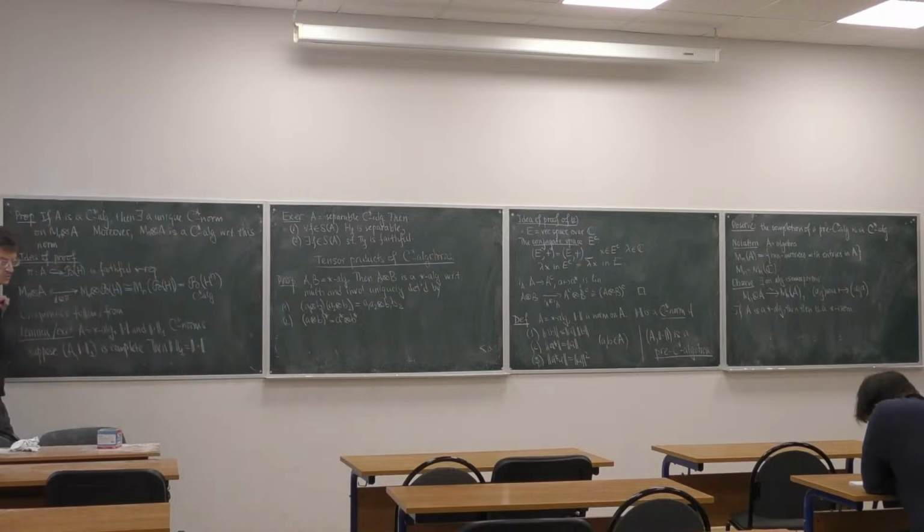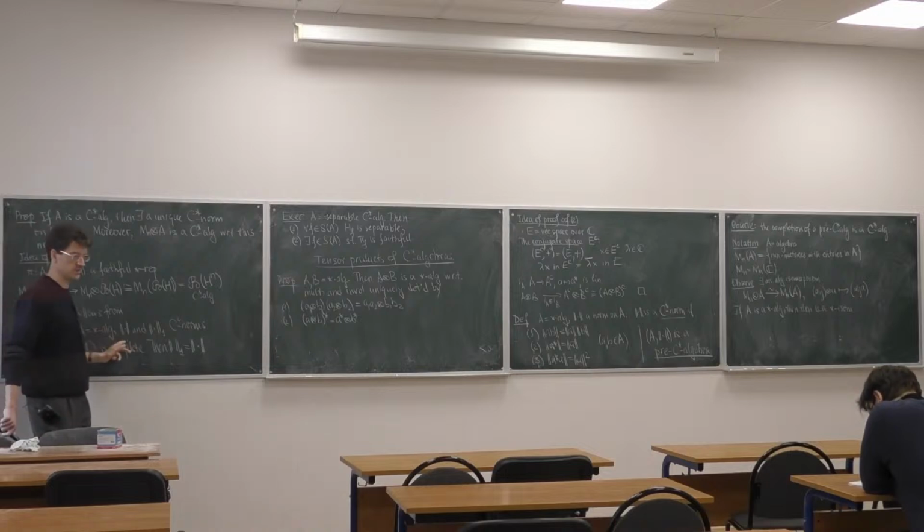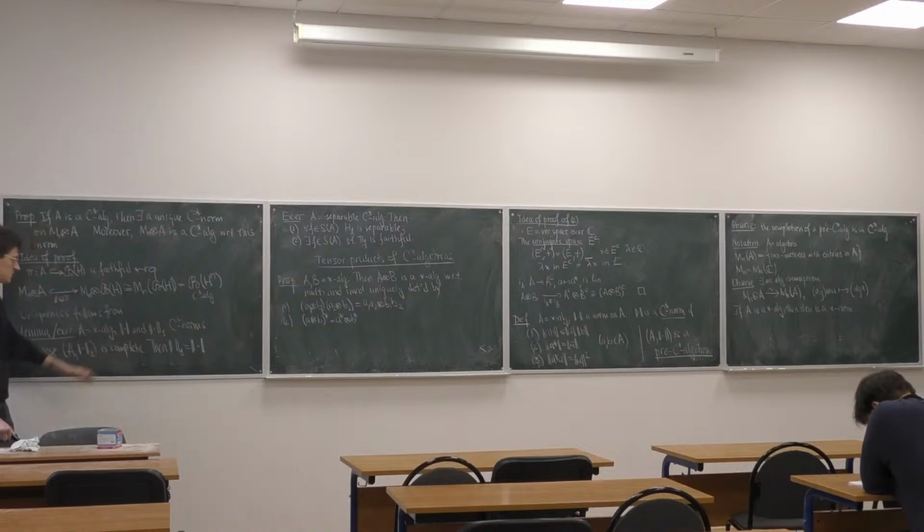A delicate point here is that when we discussed the uniqueness of a C-star norm on a star algebra, the exact statement was as follows. If we have a star algebra, then there is at most one norm which makes it into a C-star algebra. What does this mean explicitly? This means that if we have two C-star norms such that A is complete with respect to this one and this one, then they are the same.